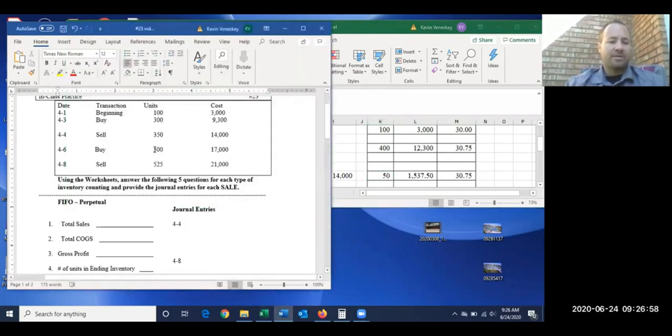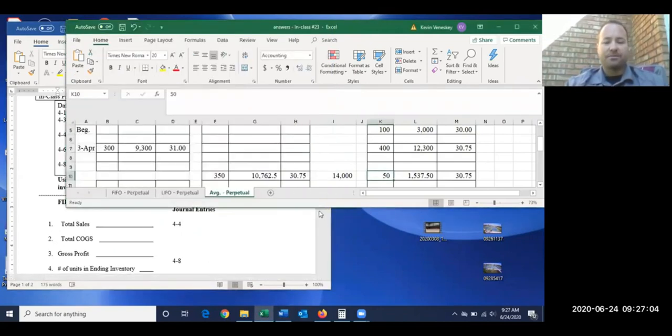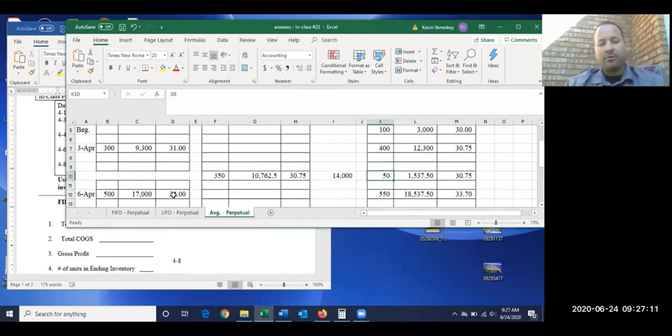Now on 4.6, when I buy 500 more items for a total of $17,000, I'm going to do the same thing that I did on 4.3. I'm going to put those 500 over here at their full price, knowing that they're 34 bucks a piece. But when I come to the ending inventory, I'm going to start combining 50 plus the 500, the 1,537.50 plus the 17,000.